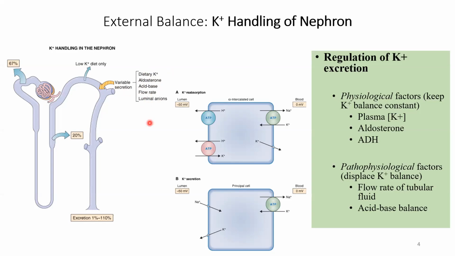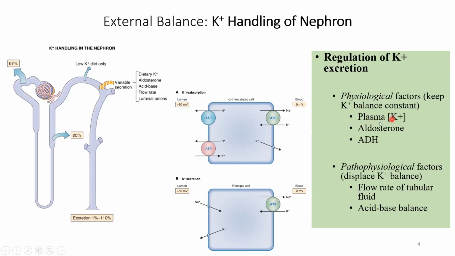Here I will just make a footnote. Look at the regulation chart here. You have physiological factors, then you have pathophysiological factors, okay? Under physiological factors, these are the ones that keep a balance of potassium intake and outtake in routine. So this goes on in routine.